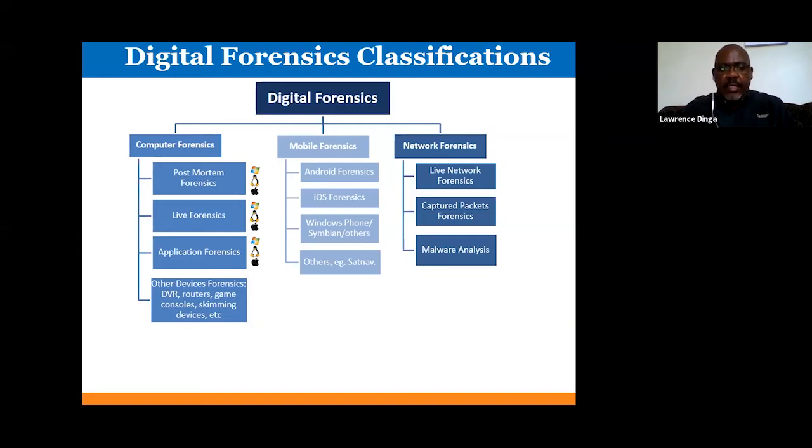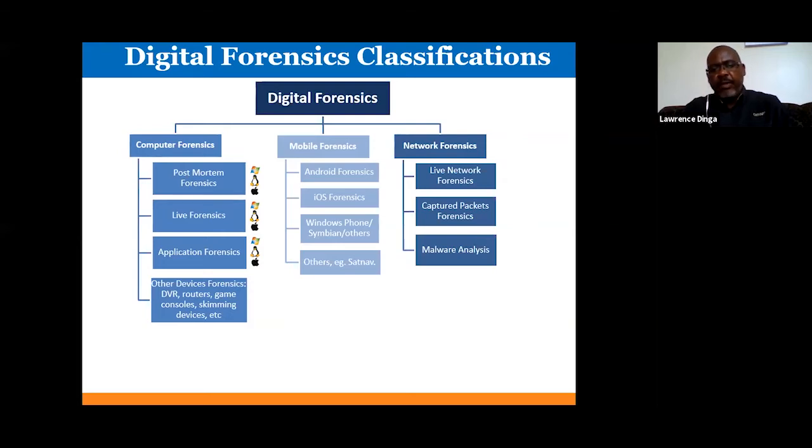So it is a branch. We have a branch called mobile forensics that is dedicated to doing analysis of mobile phones. Now, the process and procedure that you use to analyze computers is quite different from the process and procedure that you use to analyze mobile phones.